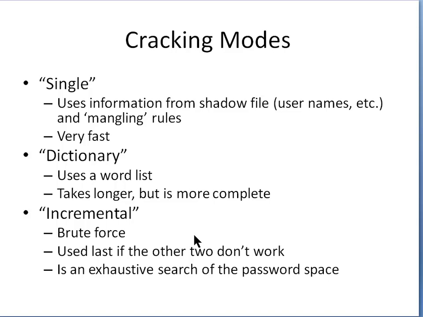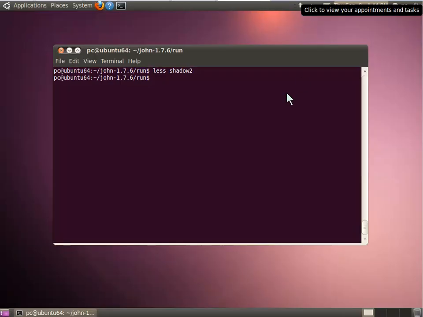What you want to see is if you apply reasonable force against the passwords that are used by your users and you don't break some of them, then that means that those that haven't been broken are probably good passwords. Those that have been broken, however, if they're broken especially with the single crack or the dictionary attack, must be changed. And so in order, we want to run the single attack, then the dictionary attack, and then finally the incremental. Let's see how we do this.